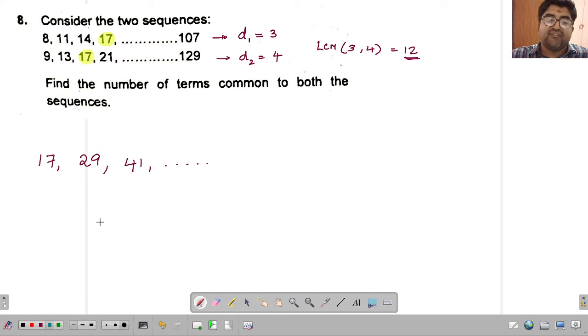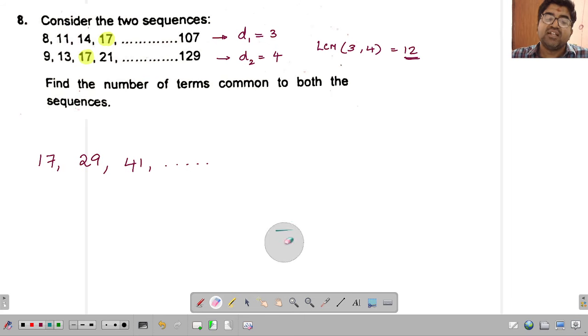Let me identify. It is a plus n minus 1 times the common difference: 8 minus 1 is 7, 7 into 12 is 84, plus 17, which comes to 101.